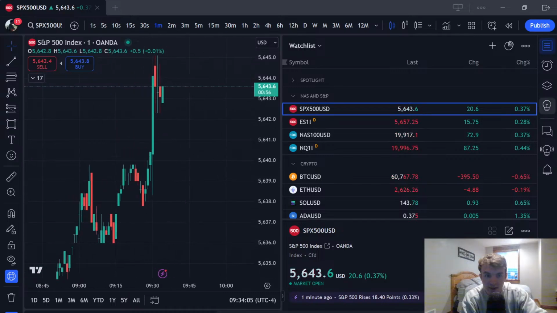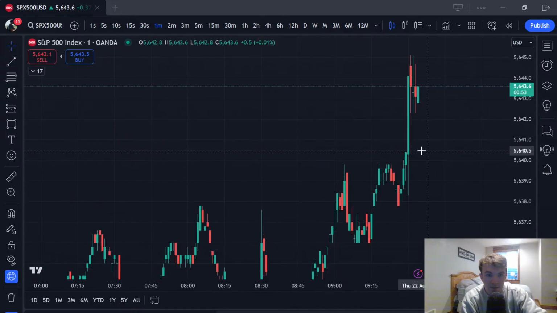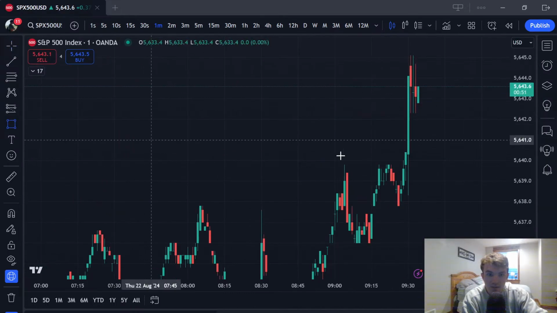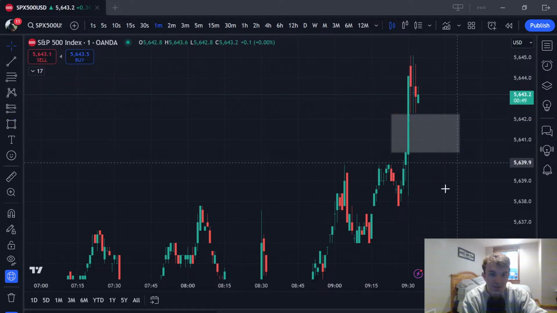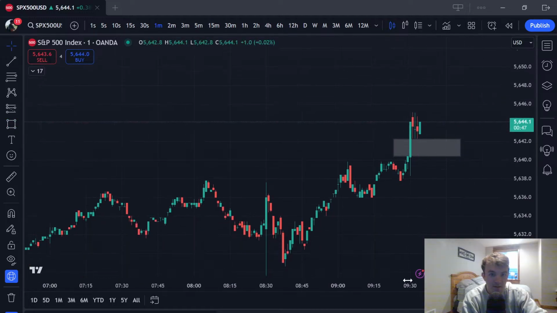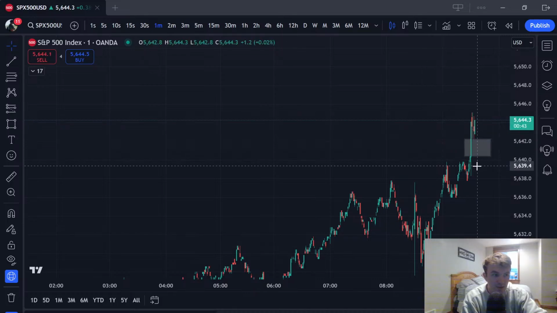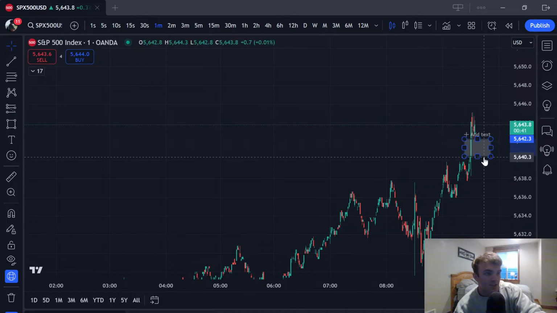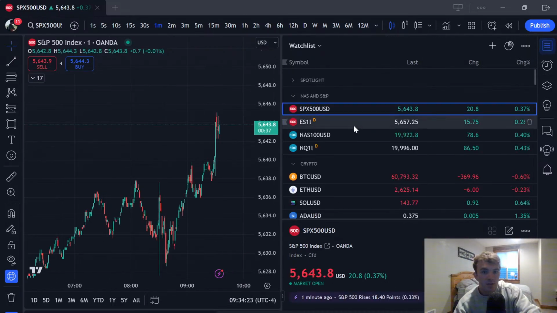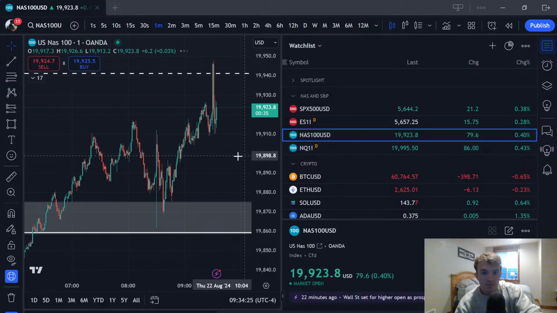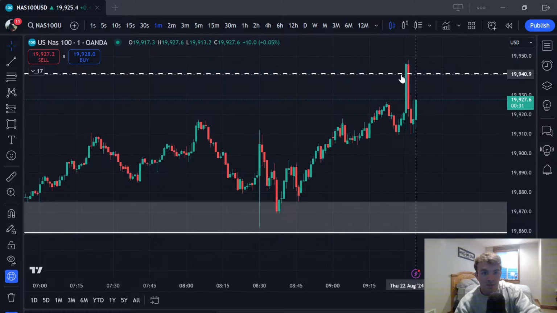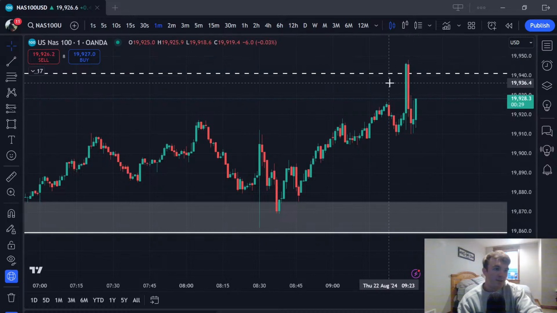So the S&P has this nice gap, right? Now this could be a good trade on the S&P, but I'm not going to be trading on the S&P. But let's say candle body closed below here, that would be a nice trade. But you can see how price reacted off of this strong liquidity, pretty clearly.